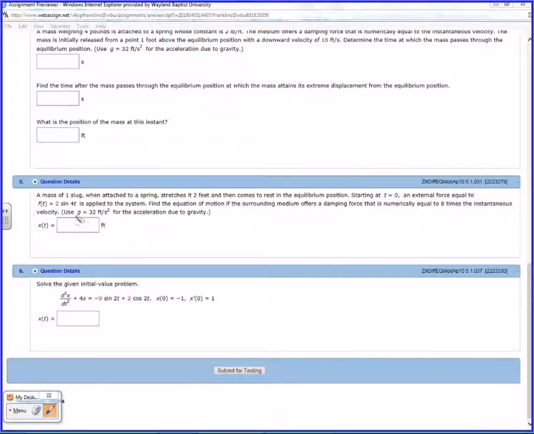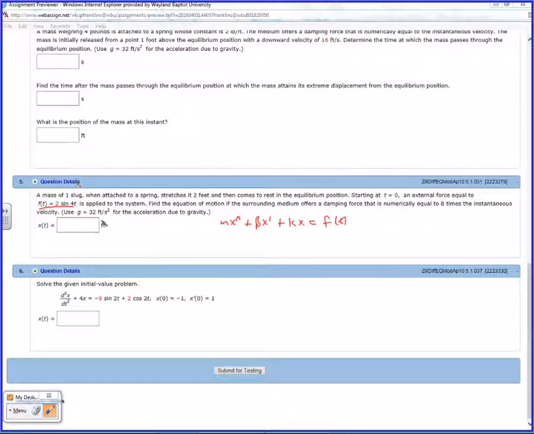When you're given this, that's assuming your equation is in the form m x double prime plus beta x prime plus kx equals f of t.